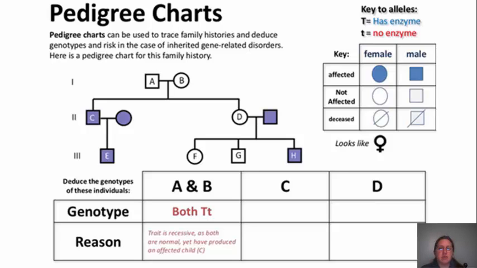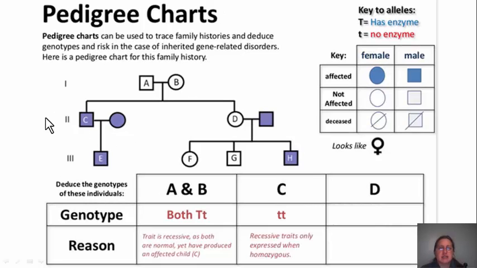Now let's figure out what C is. Well, C is affected, and this is a recessive trait, so C is going to be little t, little t. Recessive traits are expressed only when they are in a homozygous combination.